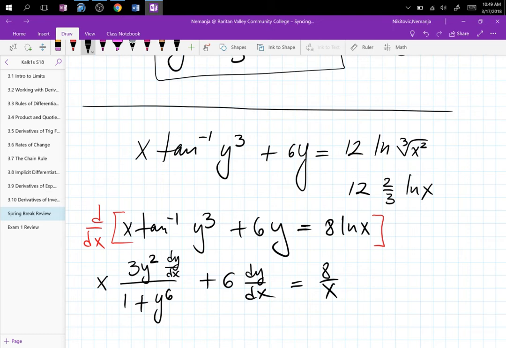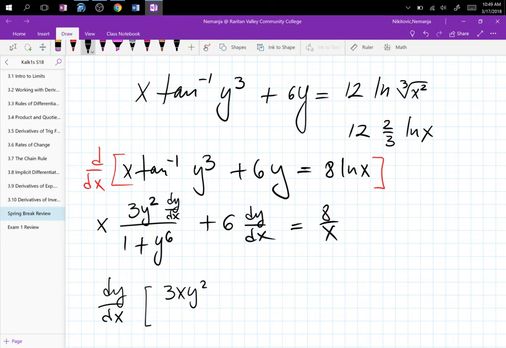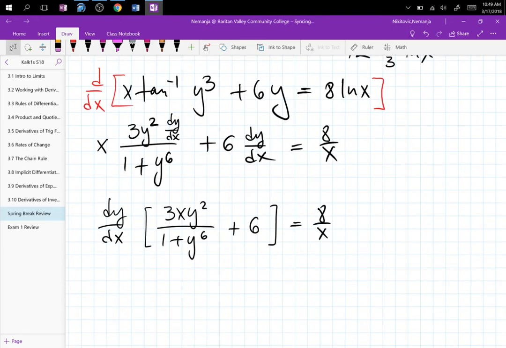Now, we factor out dy dx, and what's left is 3xy squared over 1 plus y to the 6 plus 6 is equal to 8 over x. Now I'm not going to divide by this because then I'm going to have a double fraction that will be really bad.